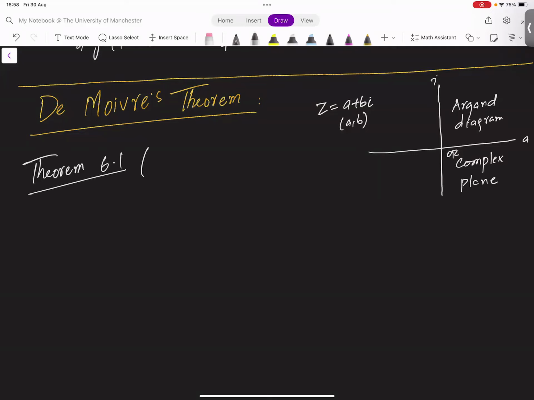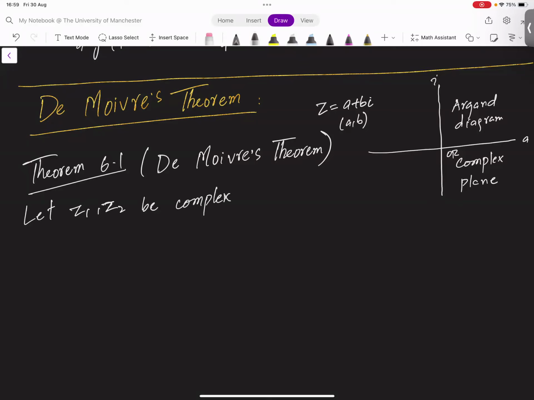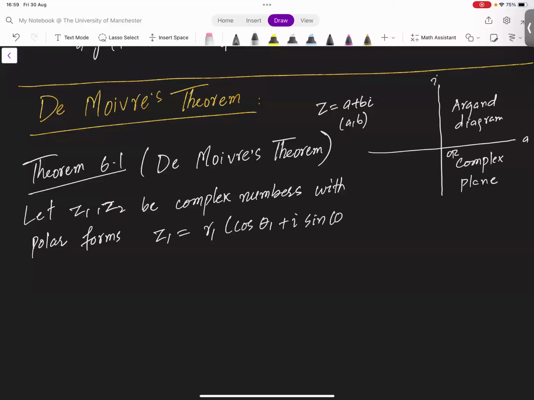Theorem 6.1, De Moivre's. Okay. The statement is, we have two complex numbers with the polar form: z1 is r1 cos theta 1 plus iota sine theta 1, and z2 is r2 cos theta 2 plus iota sine theta 2.